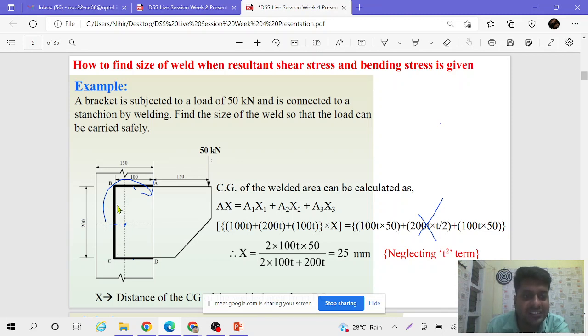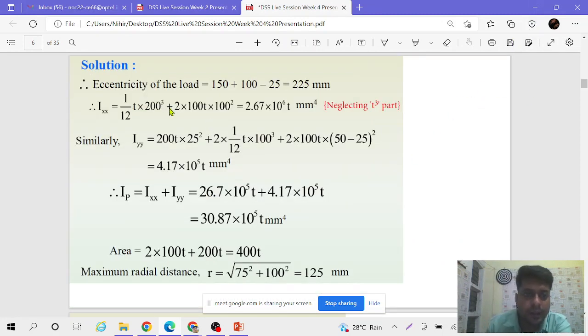If you consider this rectangle, its moment of inertia about its own center of gravity is equal to BD cube upon 12. And after that, we are not interested in calculating at this point, we are interested in calculating at this position. So we are going to apply the plus AH square term, which will come into picture here.